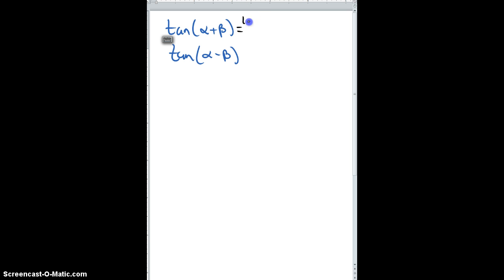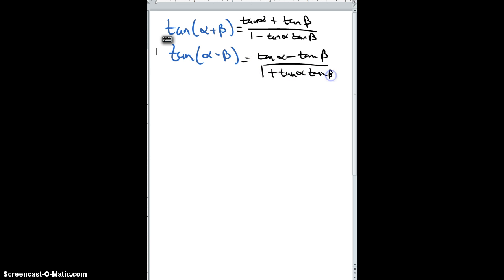And again, these are on your trig sheets. So you don't have to memorize them. You just have to be able to use them, which again is half the battle. Sorry. All right, so I got that. And over, this is plus. Okay, all right.